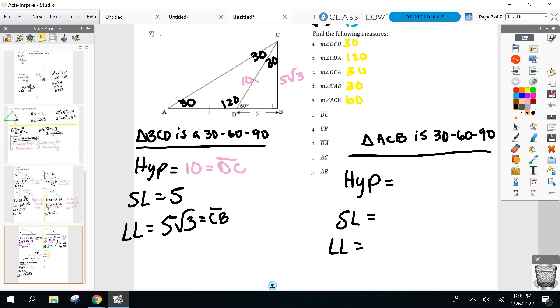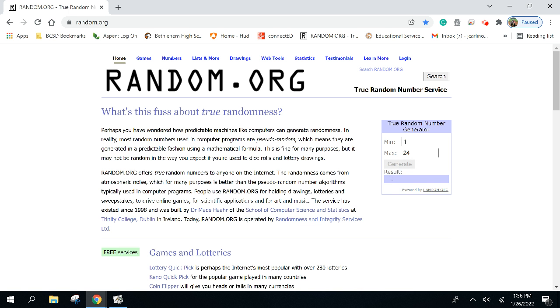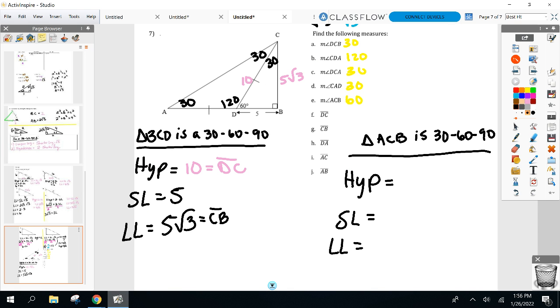Which one do we already know in that big triangle? The shorter, the longer, or the hypotenuse? Which one do we know? The one across from 60? The shorter. Which is how long?